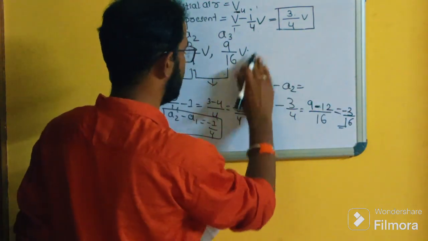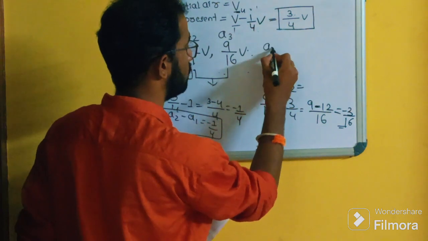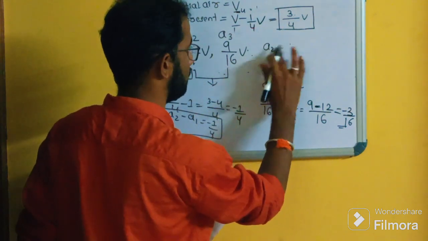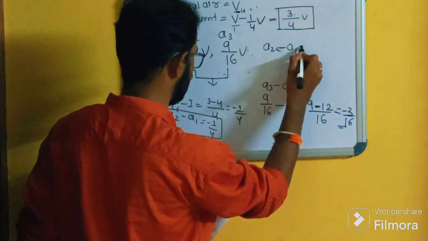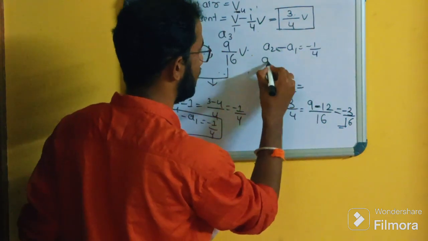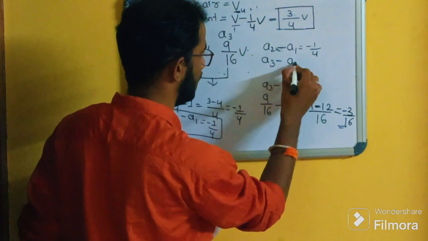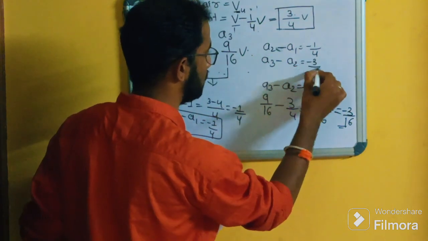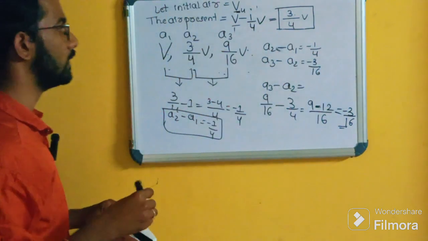See here, we got A2 minus A1 as minus 1 by 4, then A3 minus A2 as minus 3 by 16.